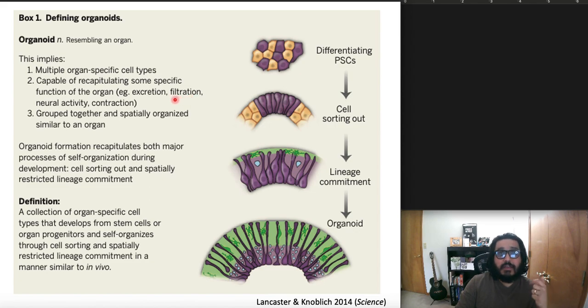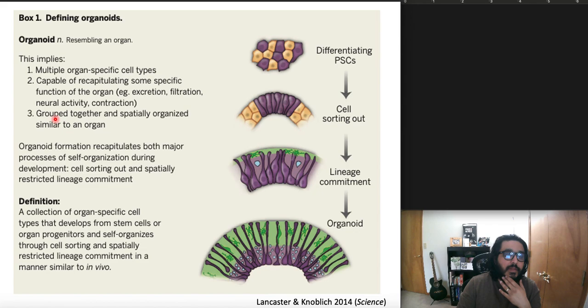If we're looking at kidney organoids, they can potentially even filter blood a little bit. If we're looking at brain organoids, you can see some kind of neuronal activity, stimulation, or excitation from one neuron to another. If they're muscle organoids, you can see contraction if they're given the right stimulus or calcium or something like that. So they have properties of organs in some small capacity.